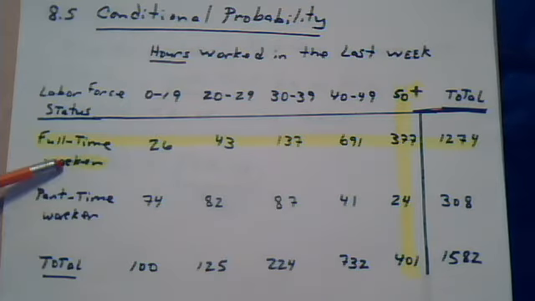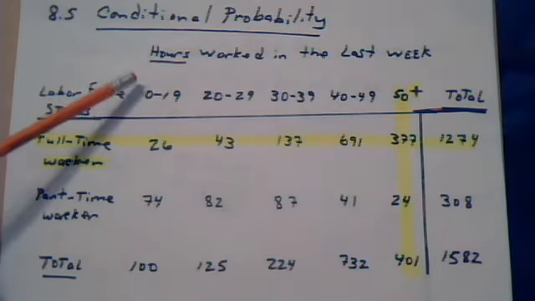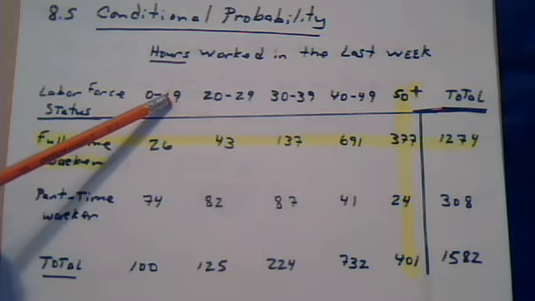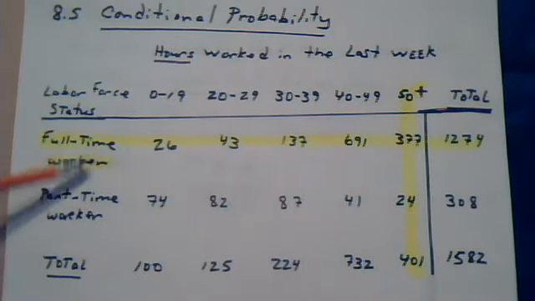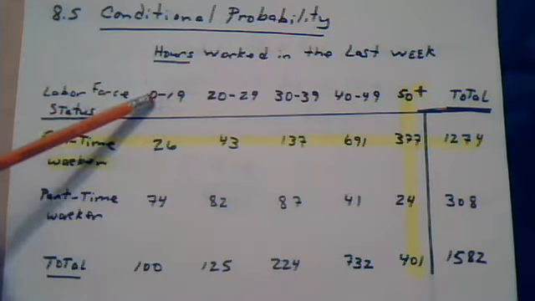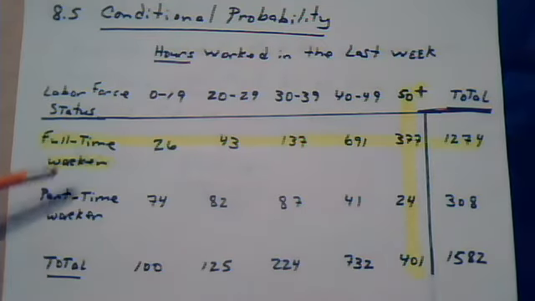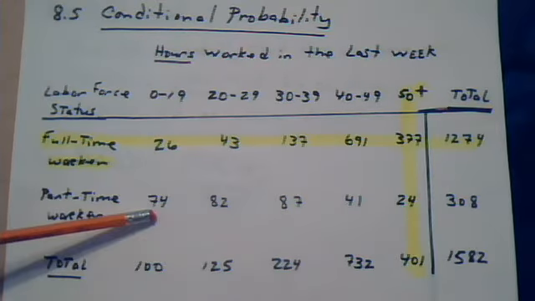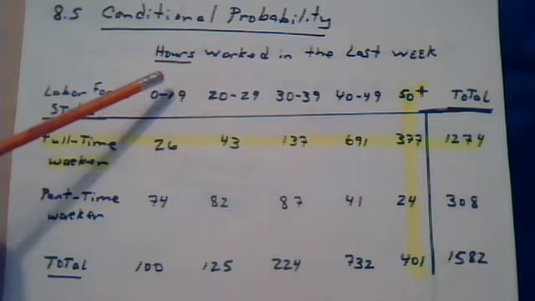Full-time worker, hours from 0 to 19 hours worked. There were 26 full-time workers that worked from 0 to 19 hours. There were 74 part-time workers that worked from 0 to 19 hours.